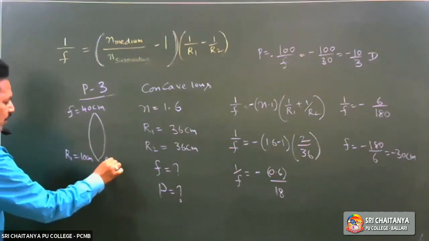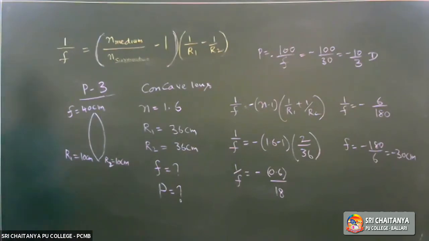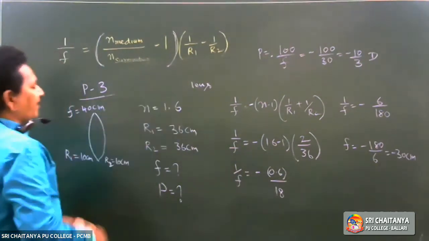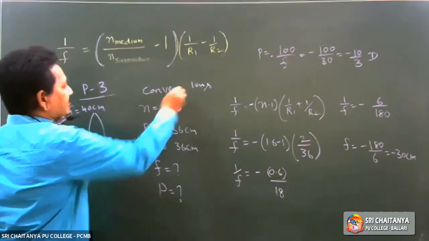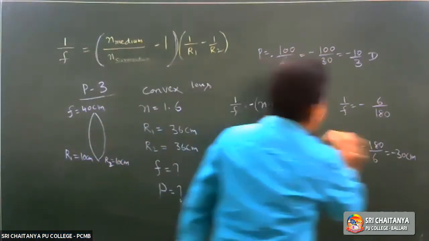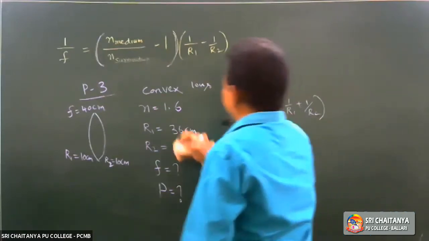Here also 10 centimeters. Convex lens. You are asked to find out the refractive index of the material of the lens. Already focal length is given.